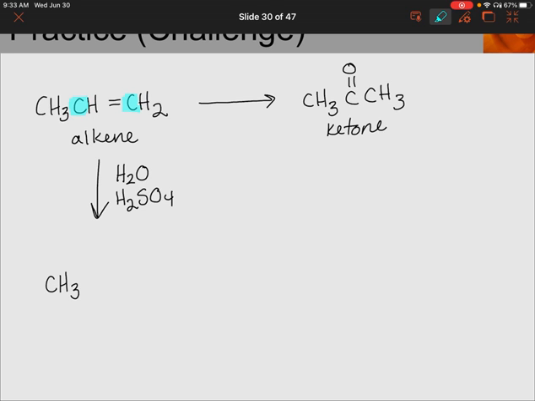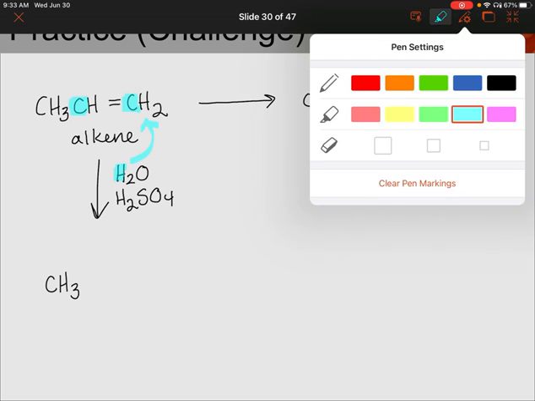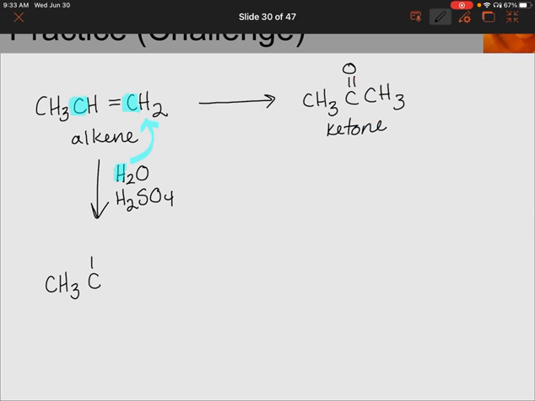So the hydrogen from our water molecule is going to add to the side with more hydrogens. So that means that the OH group that's left over will go to the side with less hydrogens. Great, so that gives us our secondary alcohol.